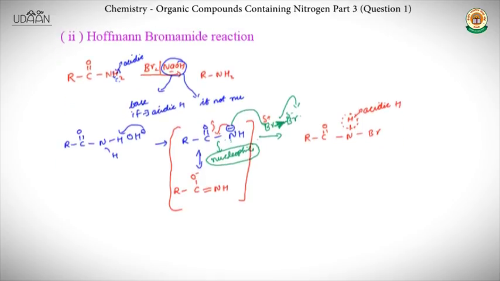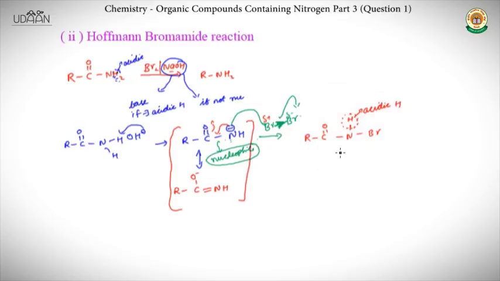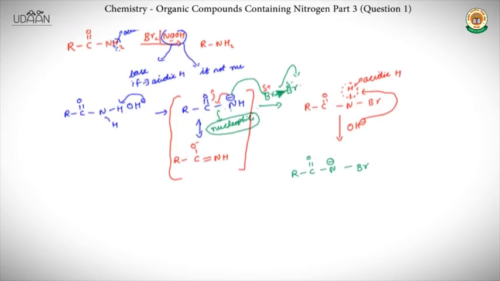Now you have in this molecule one more acidic hydrogen, and here what happens is, first OH minus takes this acidic hydrogen. Again you are going to get a similar molecule, R C double bond O N minus, with negative charge on nitrogen. Now you may think that this will give R C double bond O N Br2.